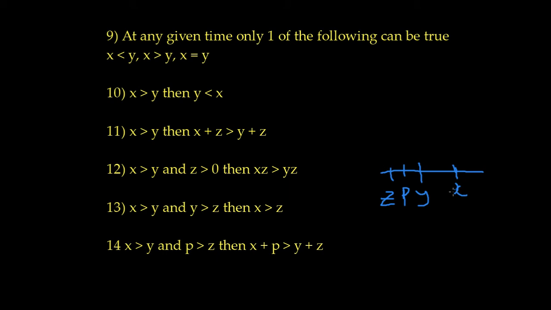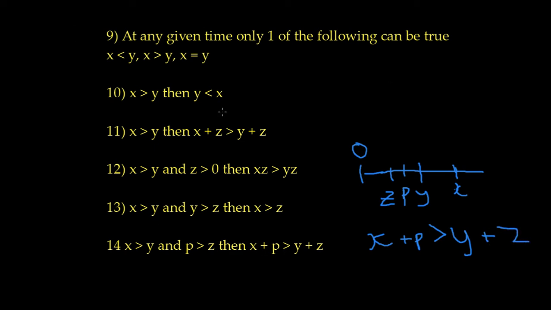So if x is greater than y, it's true, and p is greater than z, true. Then x plus p, so we take x and add it to p, it's still greater than y plus z, which we know to be true.